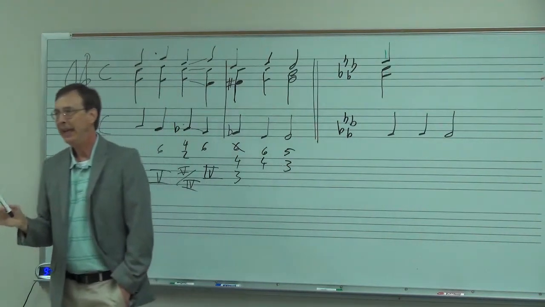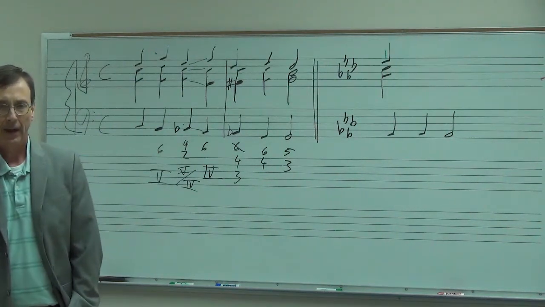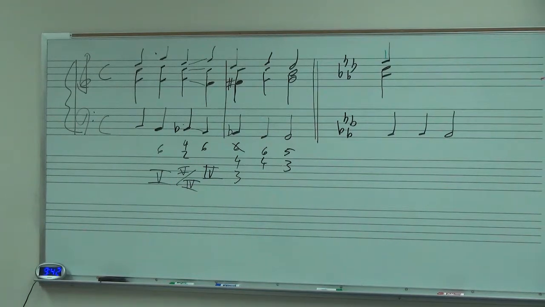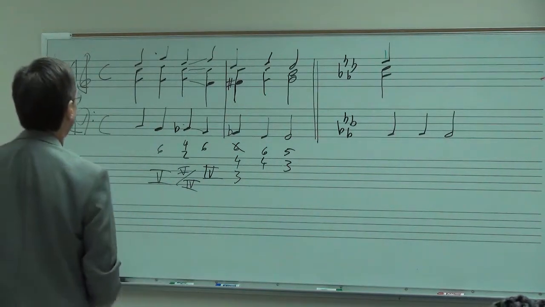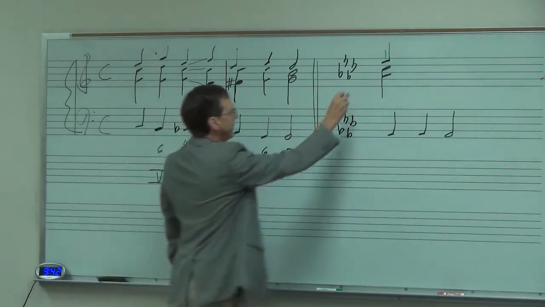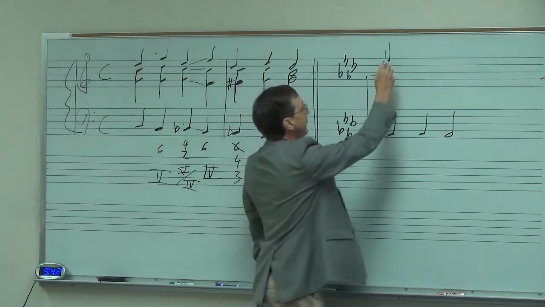the key thing here is to determine the two things that are being led by the leading tone. All right. So it's not this note, all right? It's these two notes.